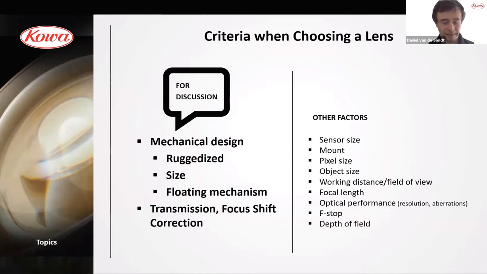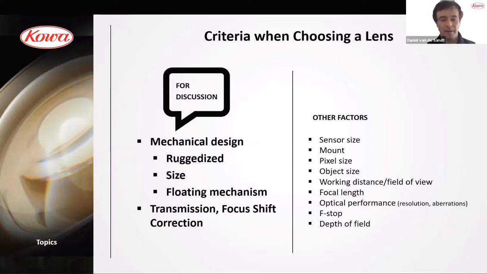Sometimes mechanical design and transmission become crucial criteria for choosing lenses. That is why I will explain some characteristics of mechanical design, such as ruggedization, size, floating mechanism, and I will briefly touch on several characteristics of transmission.